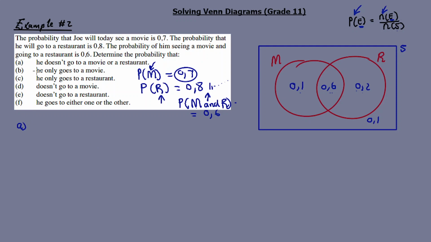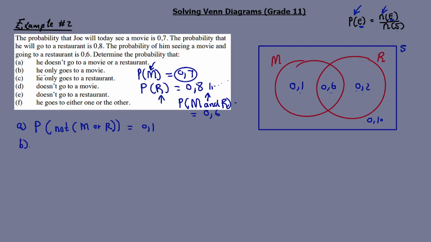Determine the probability that he doesn't go to a movie or a restaurant. So I'm not going to the movie or the restaurant, so my answer is definitely 0.1.